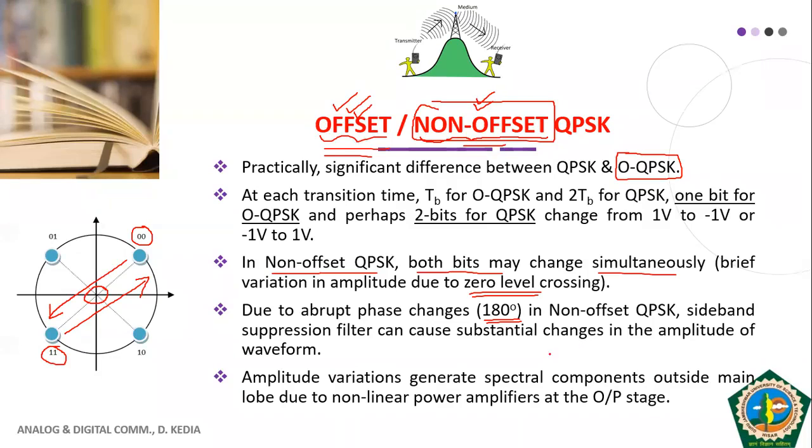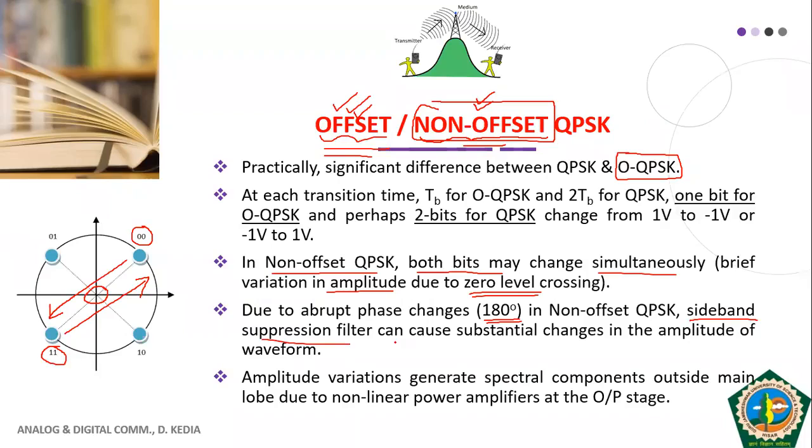Then what happens apart from this variation in the amplitude? All of you know that we use a band pass filter to suppress the side bands that we have in our transmitted signal.